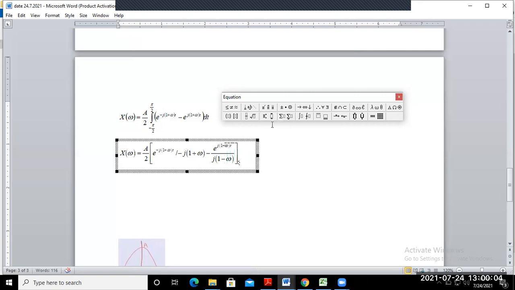Do you remember how we put the lower limit and upper limit into the integration?